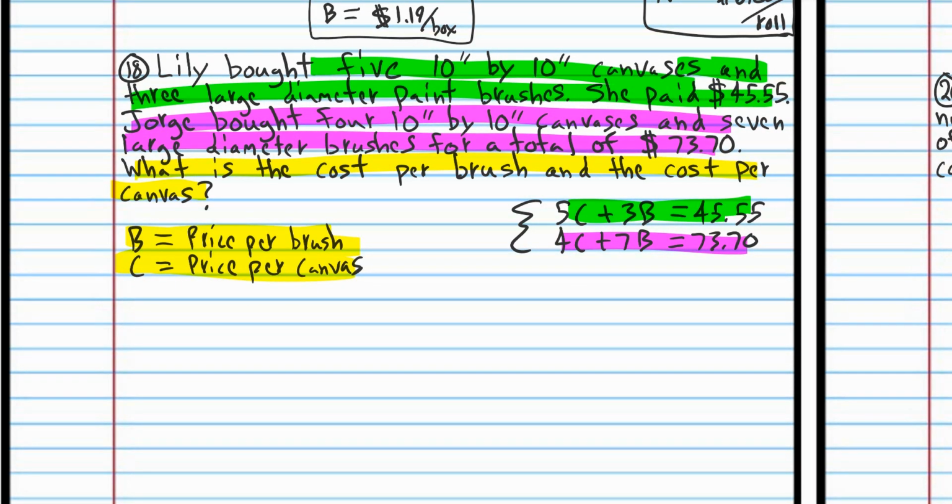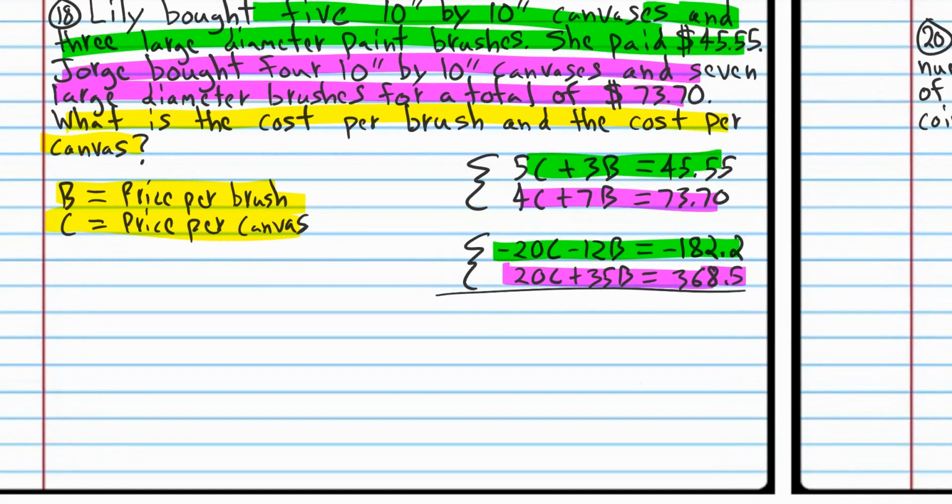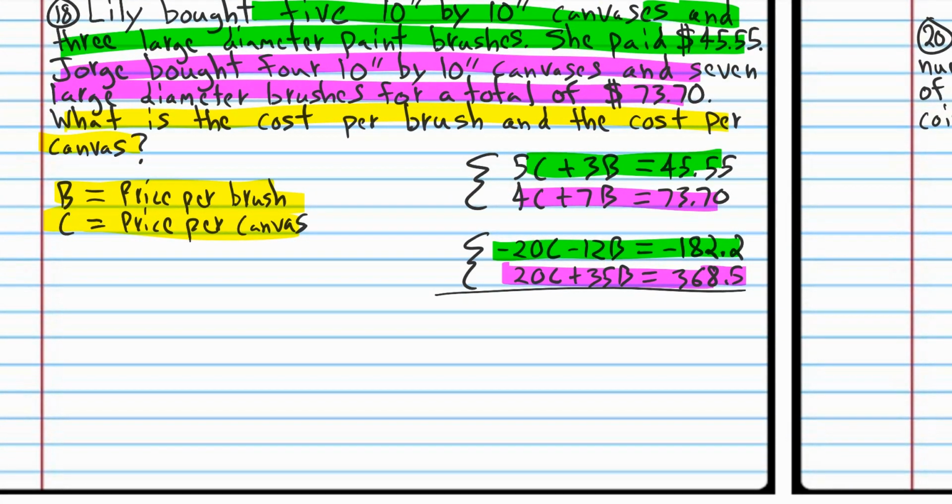So I think I'm going to eliminate C, so multiply both sides of the top equation by -4. And again, you can use your calculator. And the bottom equation we have to multiply by -5. Actually, I'm sorry, not -5, just +5. Add those equations together.